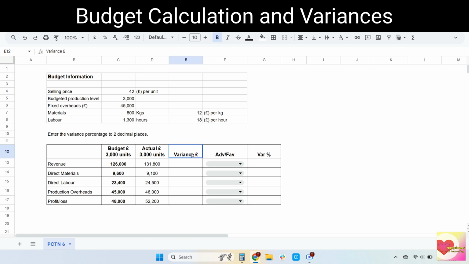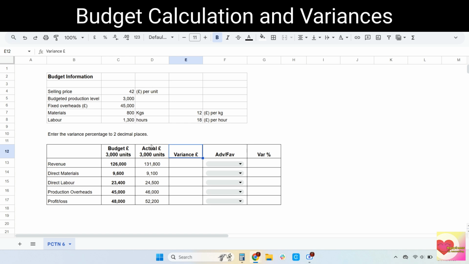Next, let's move on to the variance column. Variance column is the difference of the actual and the budget column. But how do we know which one is to be deducted from the other? We have to remember that the way we calculate the variance for revenue and profit or loss are the same.